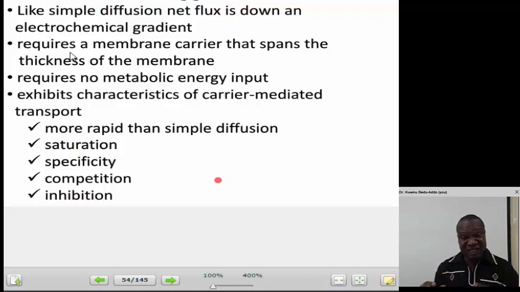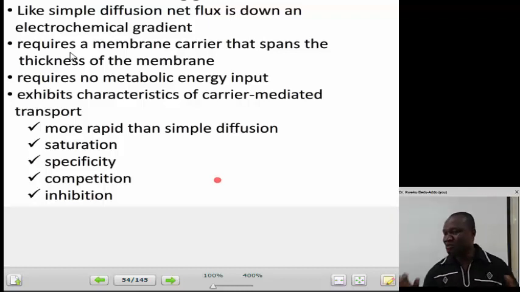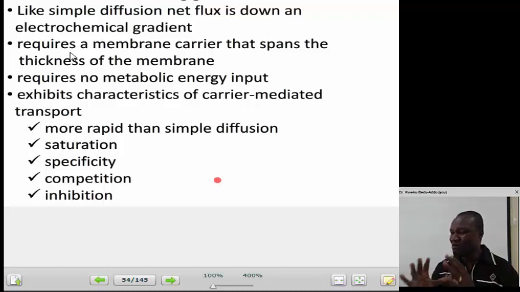Now, this is not a channel. This movement utilizes carriers. They use carriers which are transmembrane proteins, unlike the channels that are utilized by the ions.